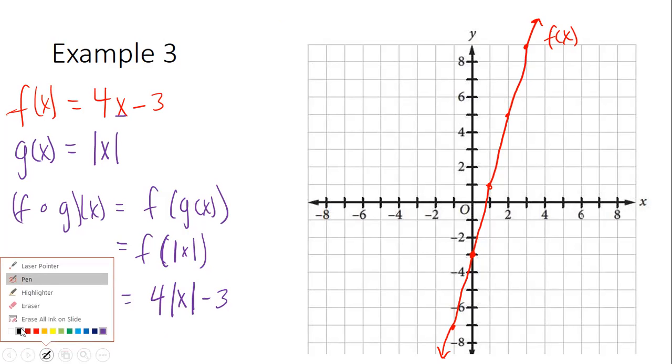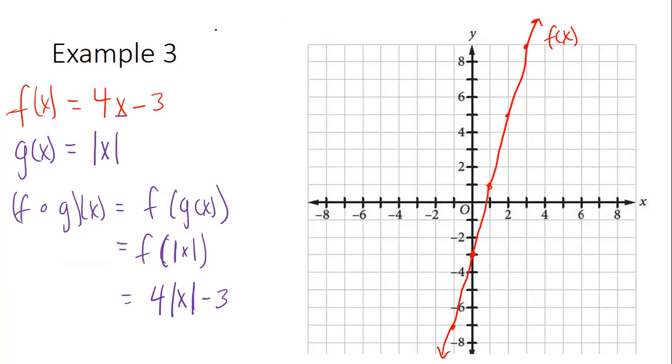So when we're looking at our table, we're going to talk about this as a table. Looking at our original graph, what are the values we have? We have -1 and -7, right? This is in our f of x. And we have 0 and -3. We have 1 and 1.